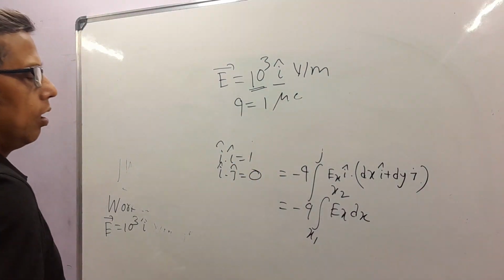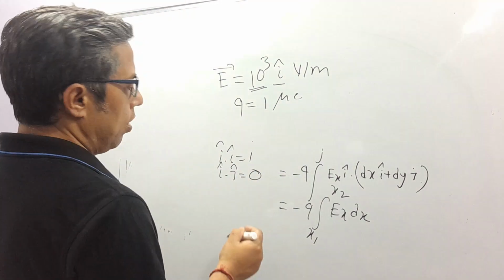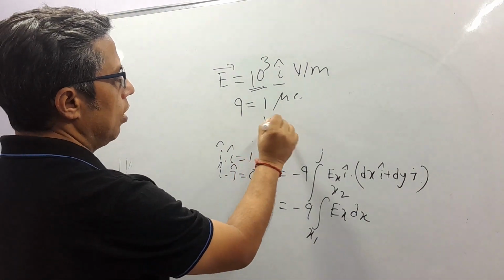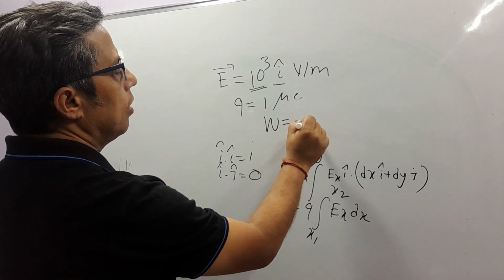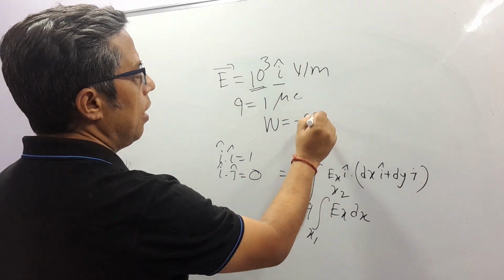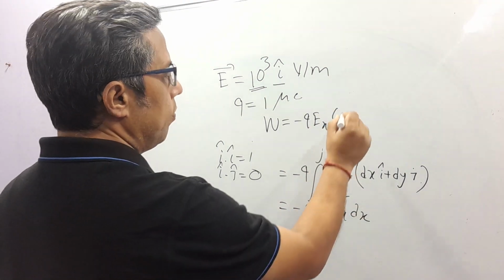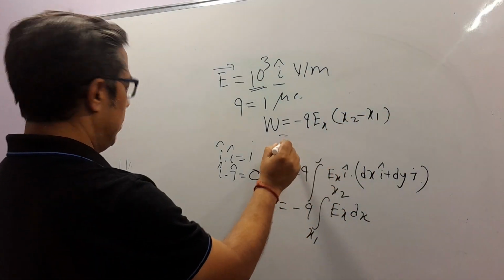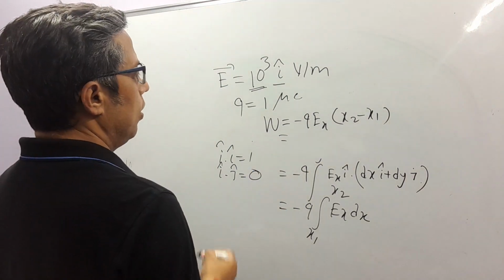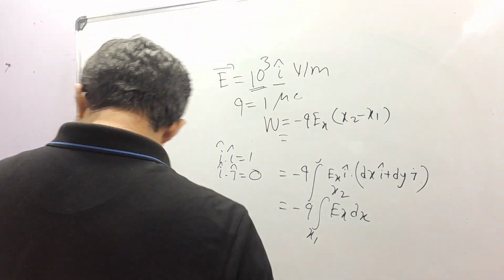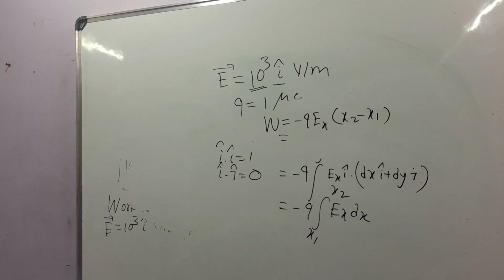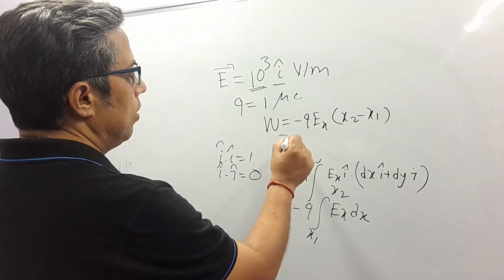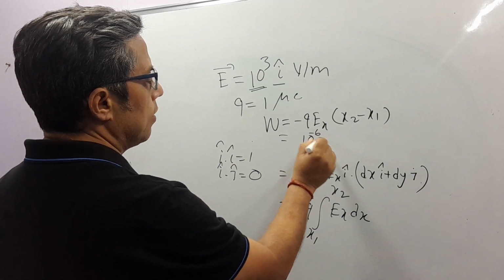So your work done will be W is equal to minus Q, then Ex, then x2 minus x1. Q is given as 1 microcoulomb, so it will be 10 to the power minus 6.